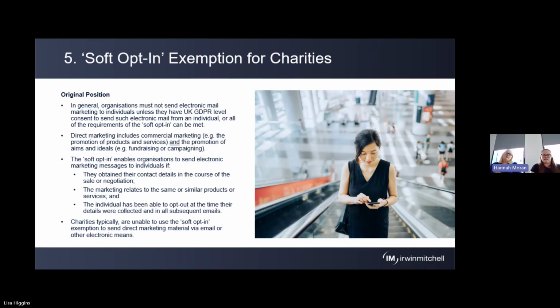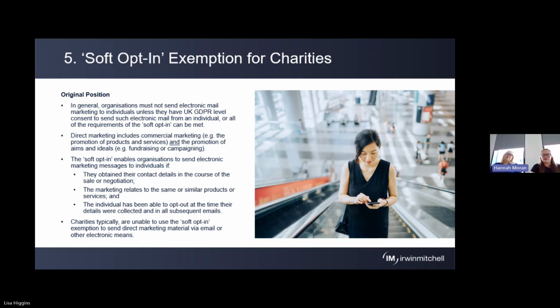And they're subject to the same direct marketing rules, but with a smaller, well, quite a big exception, as commercial businesses. So charities have lobbied for this exemption, or this ability to use what's essentially an opt-out approach to direct marketing for a long time.